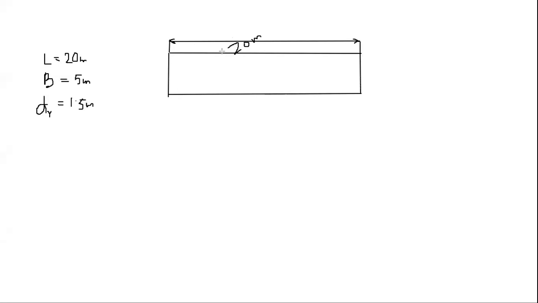Suppose we divide it this way: this is our 10 meters. Here we have added 100 tons of cargo uniformly.